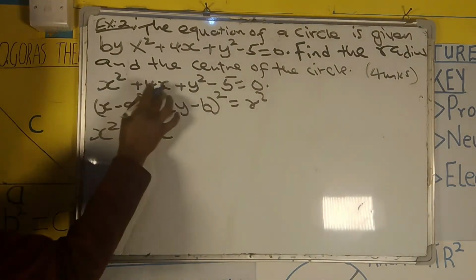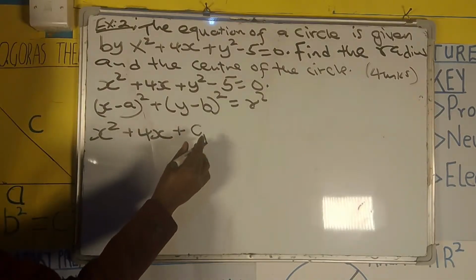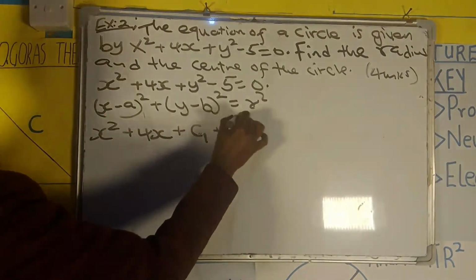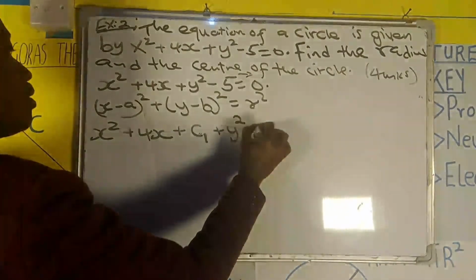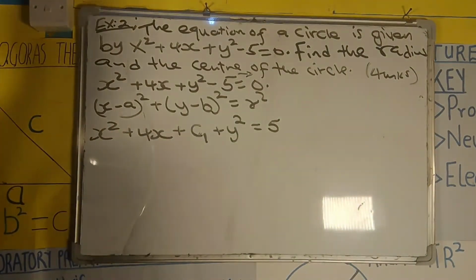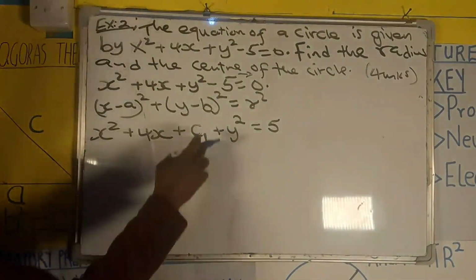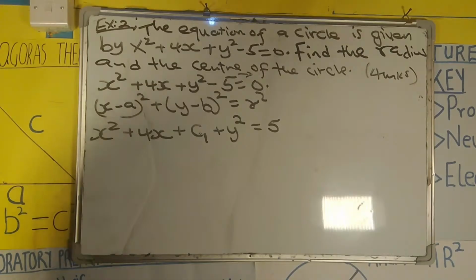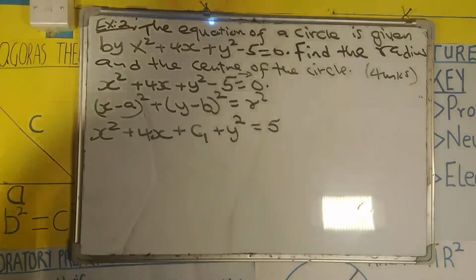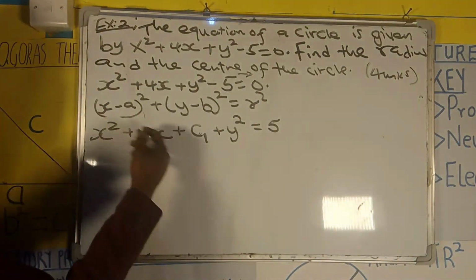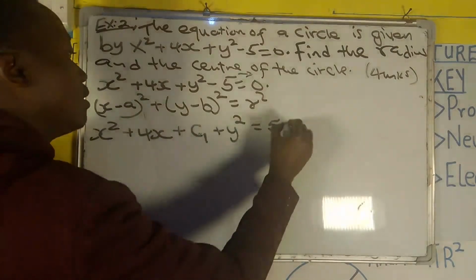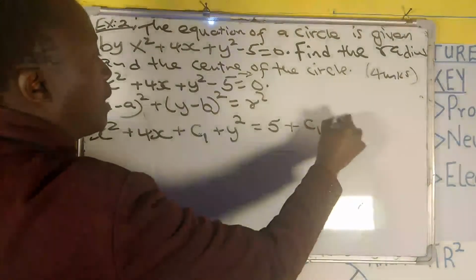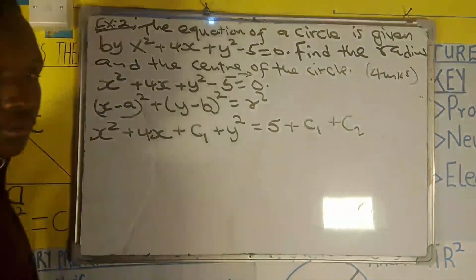We don't have the constant of this, so we say plus c1, then plus y squared, and we take the 5 to the other side so it equals 5. This y squared has no y term, no coefficient of y, it is just on its own. So here it will be plus c1 and maybe plus c2 if there is any.